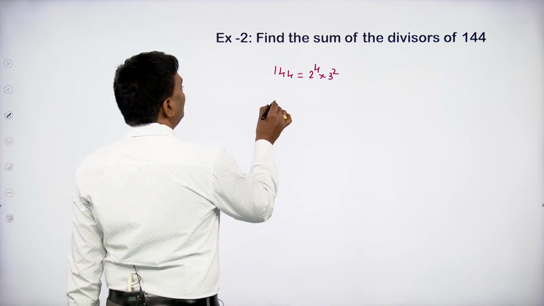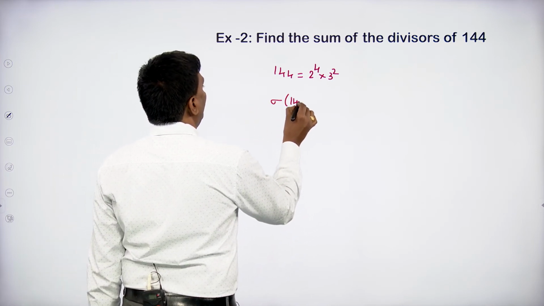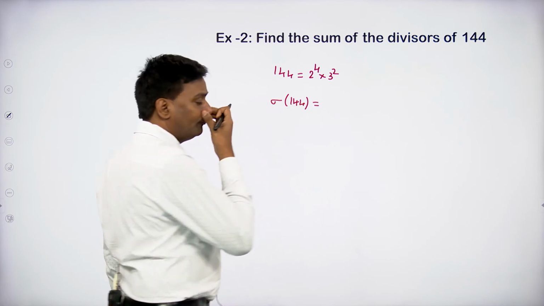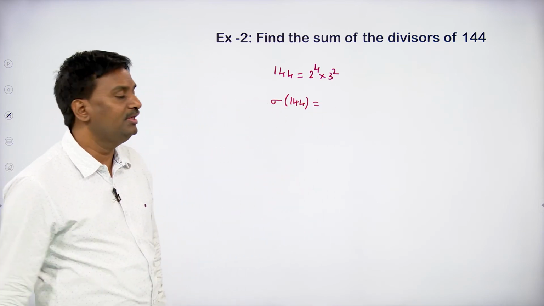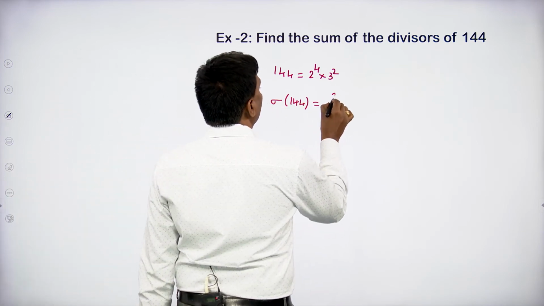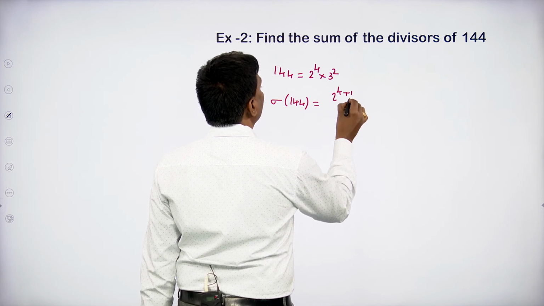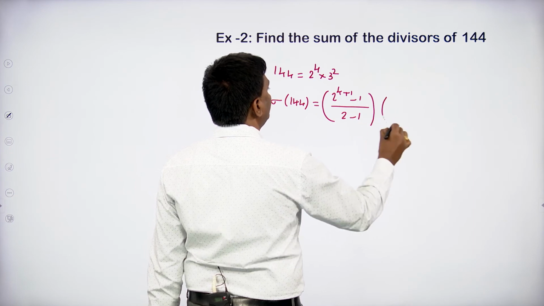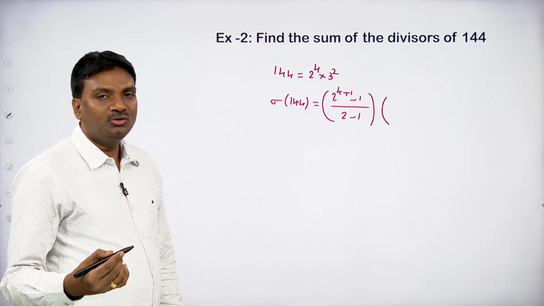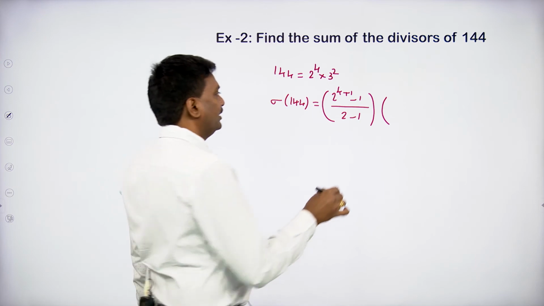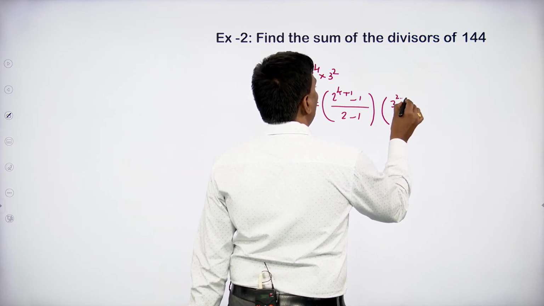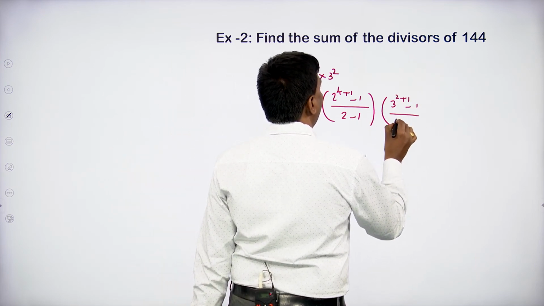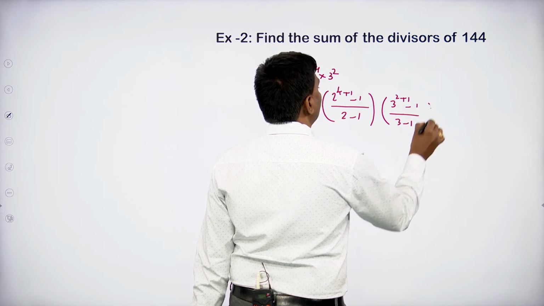Now sigma of 144 equals, the formula is (p1 power alpha 1 plus 1 minus 1) by (p1 minus 1) into (p2 power alpha 2 plus 1 minus 1) by (p2 minus 1), that is (2 power 4 plus 1 minus 1) by (2 minus 1) into (3 power 2 plus 1 minus 1) by (3 minus 1).